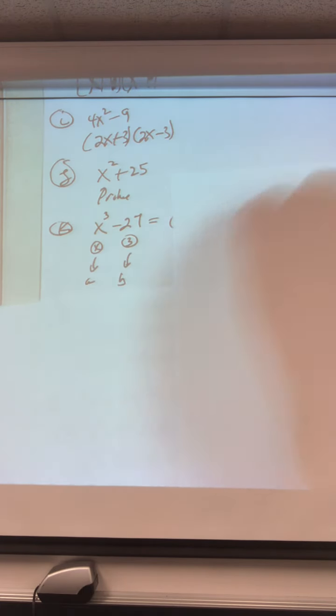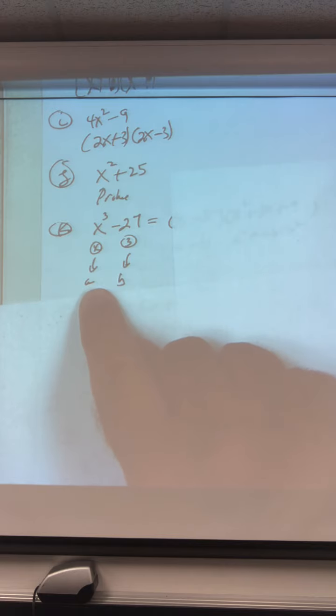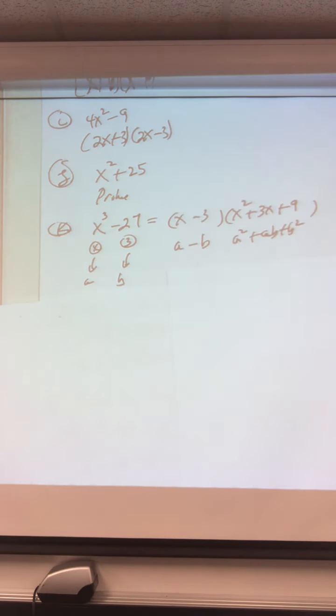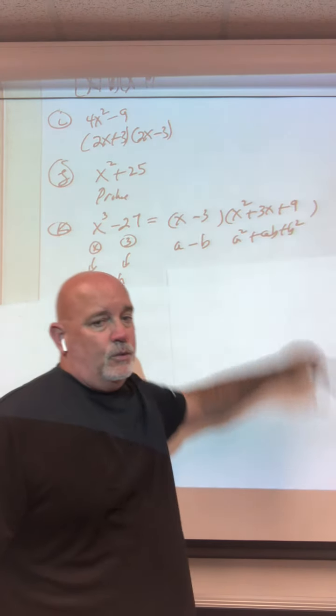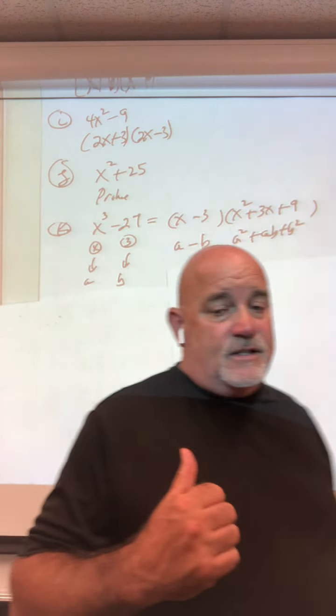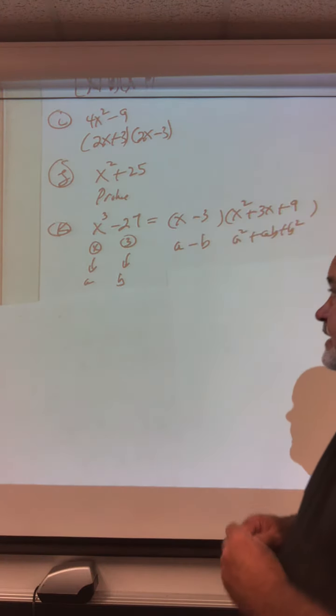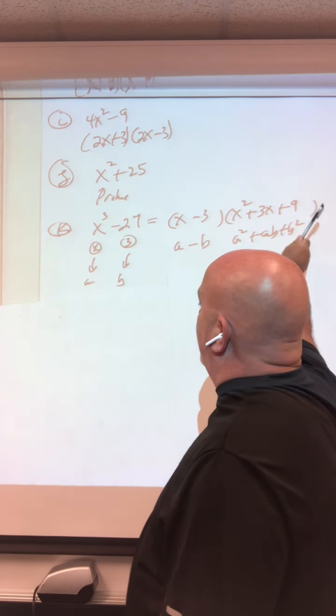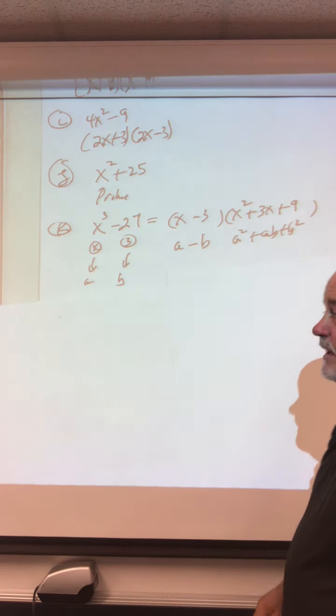So if you'll remember, this is what you put in the A spot, and this is what you put in the B spot. And here is the formula for the difference of two cubes. You have to memorize this formula in order to work this problem on the test. Now, if this had been a plus, it would still work the same, but the formula would be different.